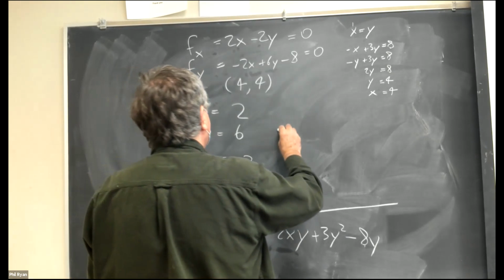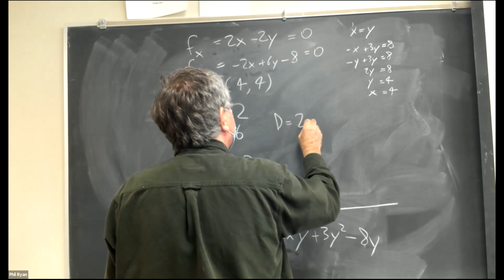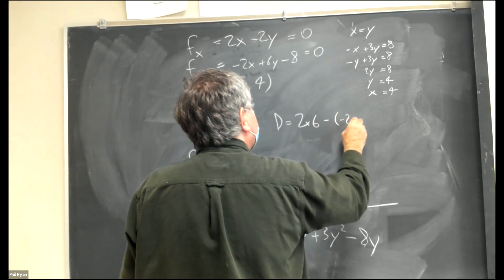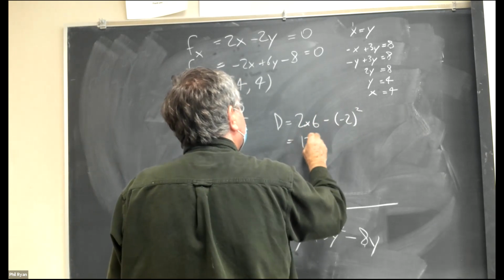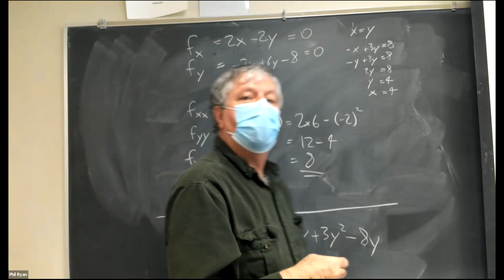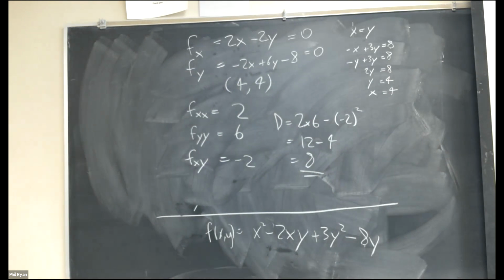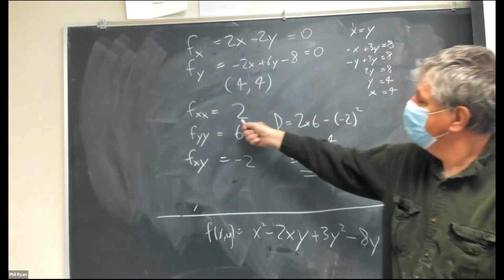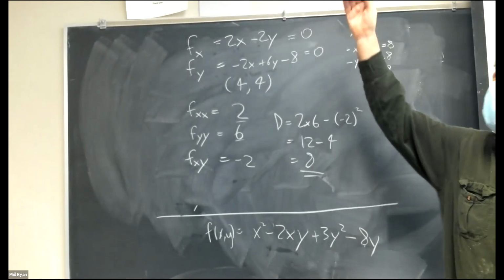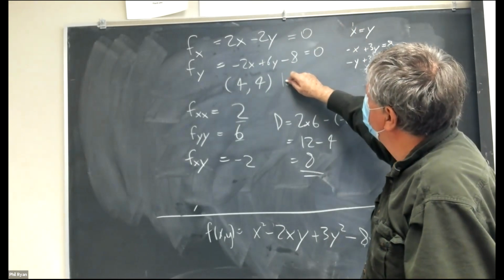Okay, and so now D equals 2 times 6 minus (minus 2) squared, which is 12 minus 4, which is 8. It's positive. So therefore, the critical point is either a max or a min. They're both positive. So again, we've got our bowl. This is a local min.